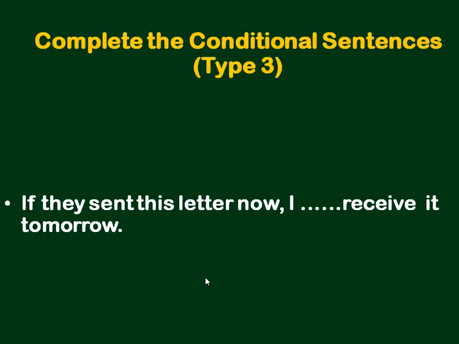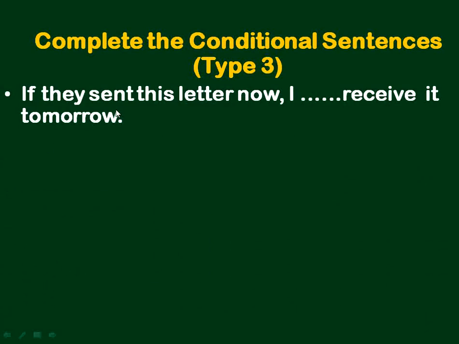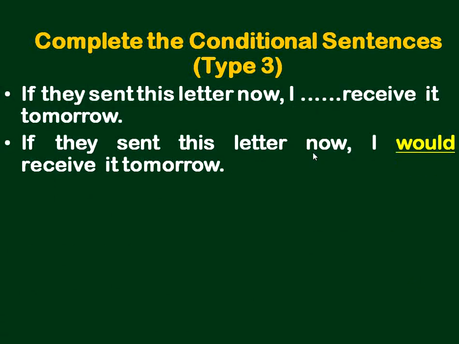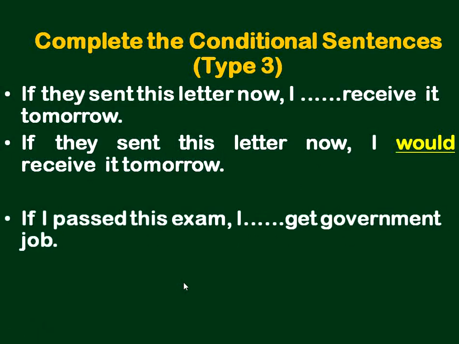Let us understand with few more examples. If they sent this letter now, I dash receive it tomorrow. Very simple. It's very obvious. Would comes here in the gap. If they sent this letter now, I would receive it tomorrow. Next sentence. If I pass this exam, I dash get government job.